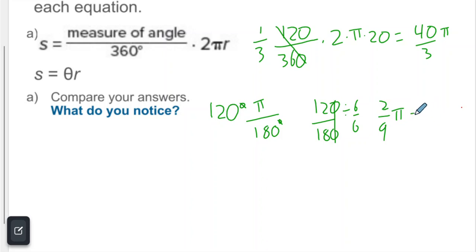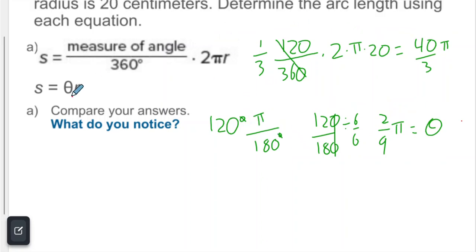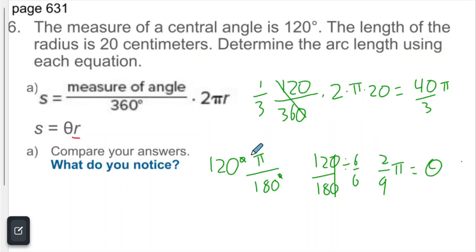So that's my central angle. Then I just multiply that by the radius, which is 20. So s equals 2 pi over 3 times 20. Oh, wait, that's not a 9. What am I thinking? That's a 3. That's going to be 40 pi over 3.